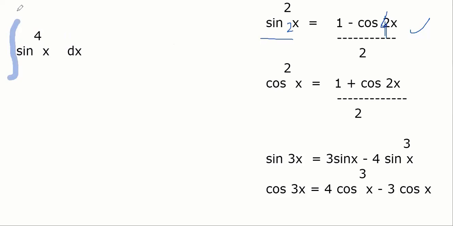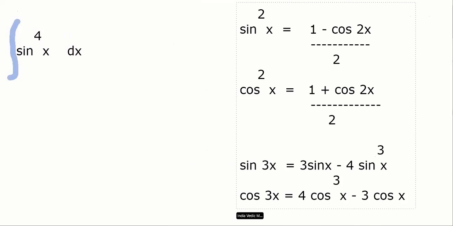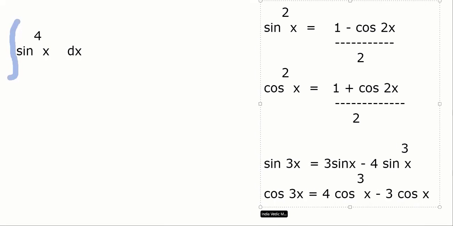And let me remove this one because, 1 second. Let me remove this. Because these are the more important things we are going to use. Correct, Tusham. Sin of power 4 x can be written as sin x to the power 4. Very good.